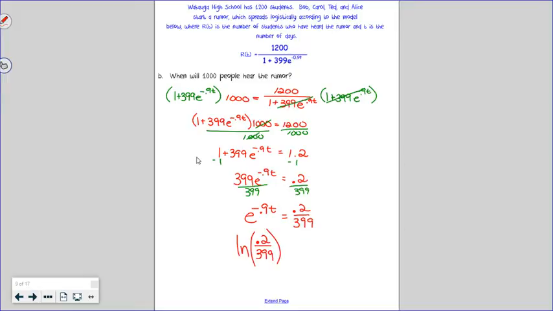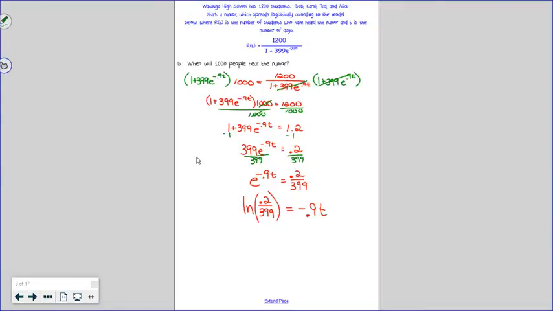That's when I want you to finally type that in your calculator. You'll hit your natural log button, type that in, hit equals, and then leave it. And what's the last thing we'll do to solve for t? Once you have typed that in and hit enter, the last thing you're going to do is divide by negative 0.9.